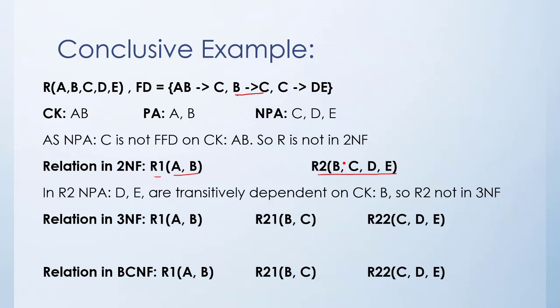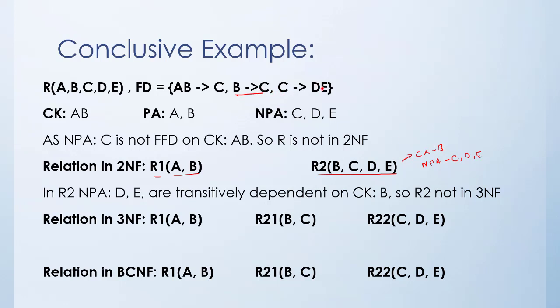Obviously, in R1 there is no functional dependency, so we need not worry about it. Let us take R2. In R2, the candidate key is B and the non-prime attributes are C, D and E. Obviously, the prime attribute will be B. Now, you can see that considering the functional dependencies, the non-prime attributes D and E are transitively dependent on the candidate key B, right?